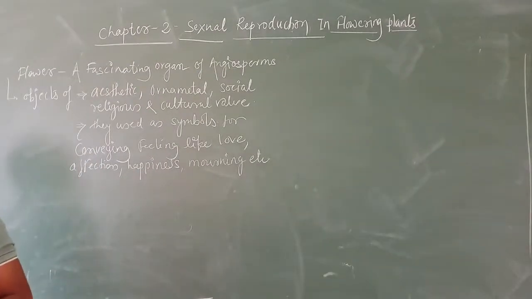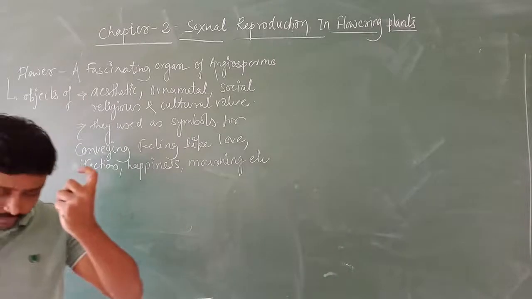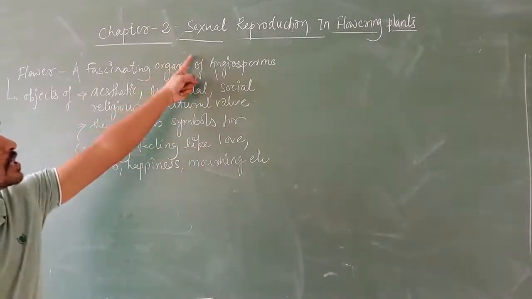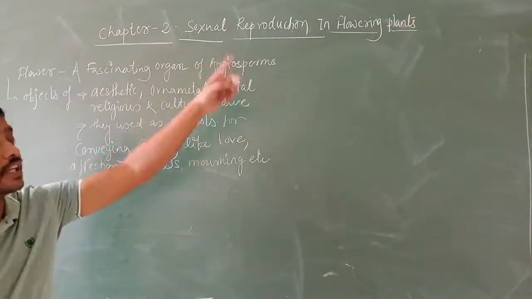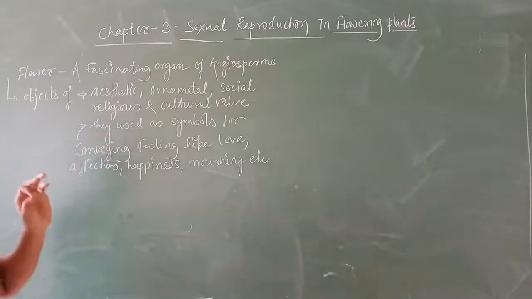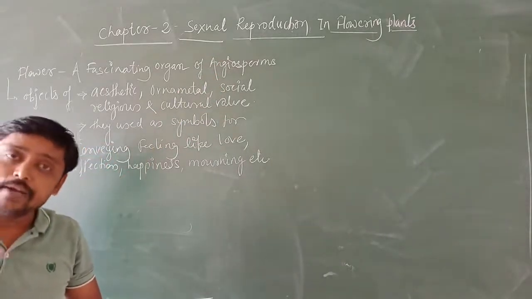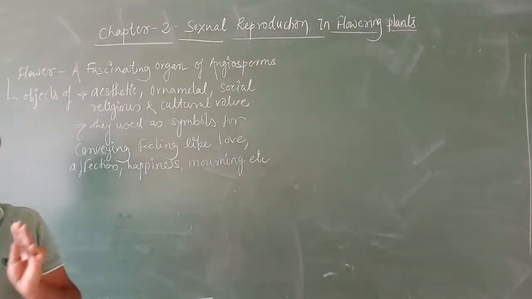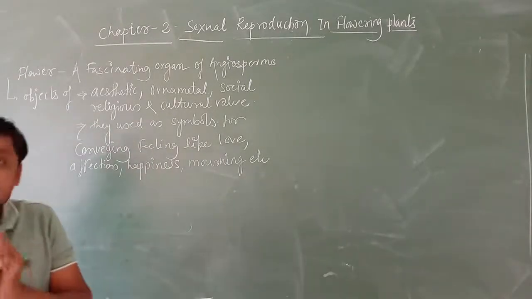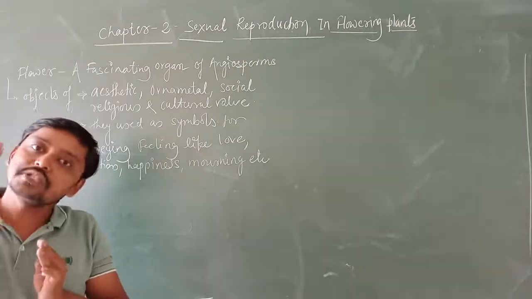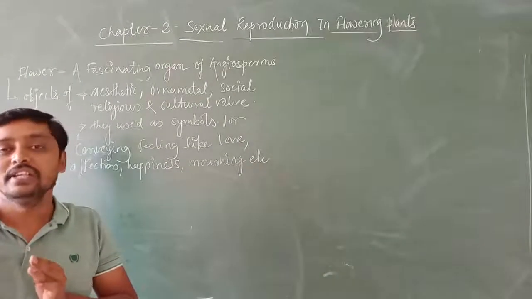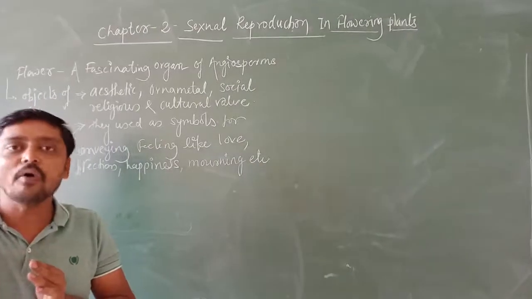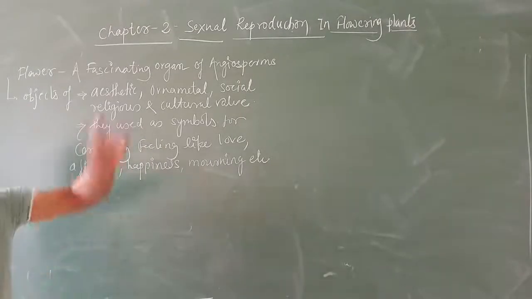Understood? So in this chapter, sexual reproduction in flowering plants, we are going to study the pre-fertilization events in flowering plants, fertilization events in flowering plants, and post-fertilization events in flowering plants. These are the main important points we are going to discuss.